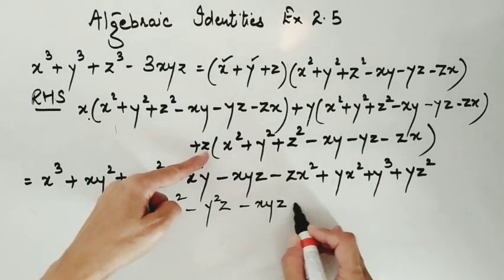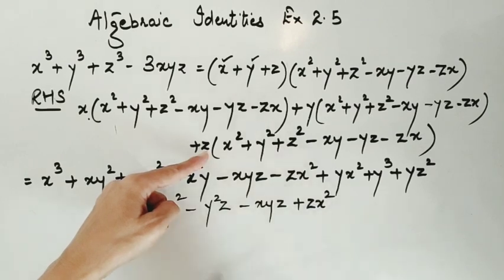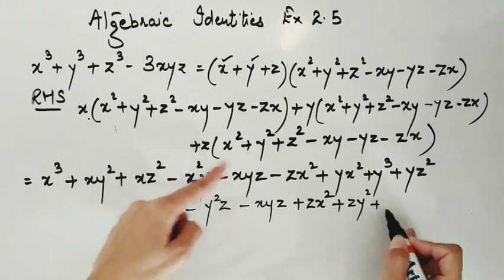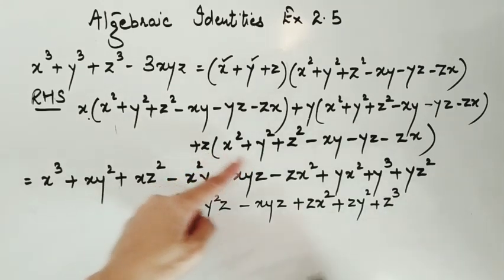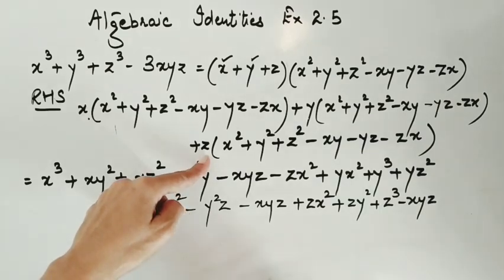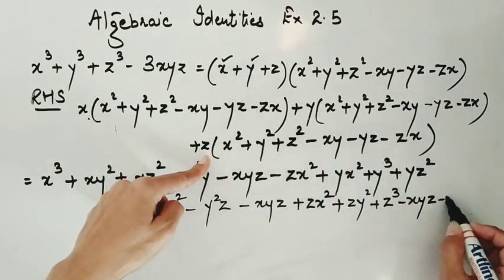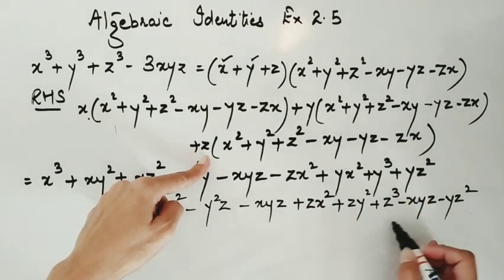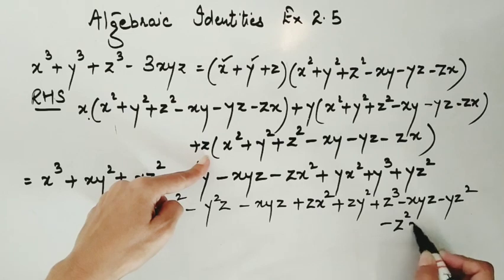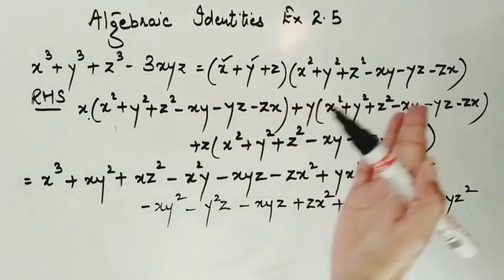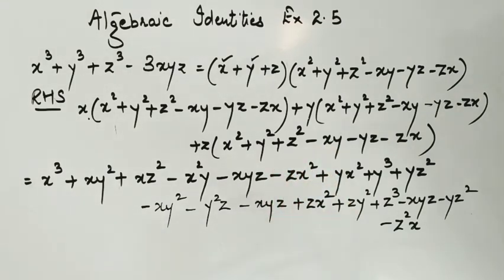Now the last one, zx square, zy square and z cube, minus xyz, minus yz square and minus z square x. Okay, all the terms are listed. So 6 plus 6 plus 6 makes it 18 terms. Now most of the terms you would see would cancel.